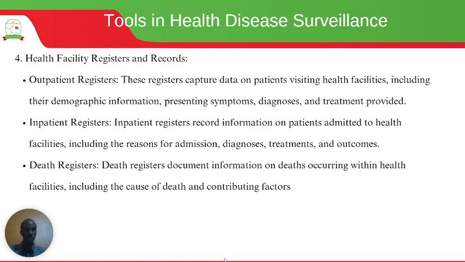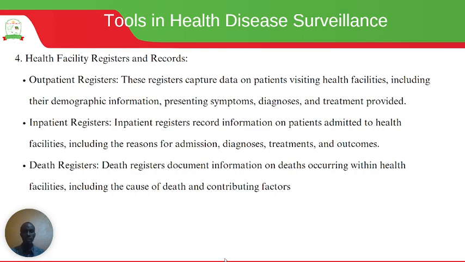Then the other tool under health facility registers and records is the inpatient registers, which record information on patients admitted to health facilities, including the reasons for admission, the diagnosis or what they are suffering from, the treatment that is administered, and the outcome of that treatment. So when you are admitted, you can expect maybe to get well and be discharged.